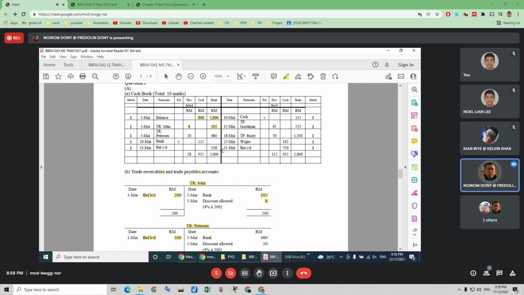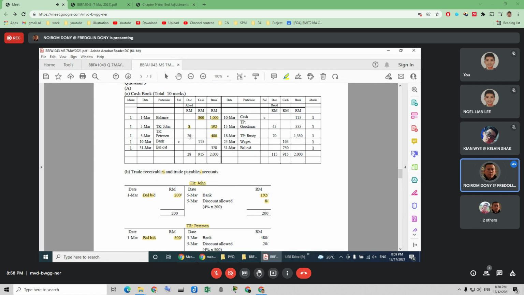Peterson. Also the same thing, which is given a 5% discount, not 5%, 4%. So 0.96 times 500, you have 480. So the prime entry will be recorded in the cash book, in the bank column, 480.